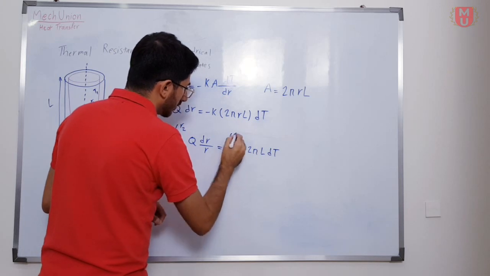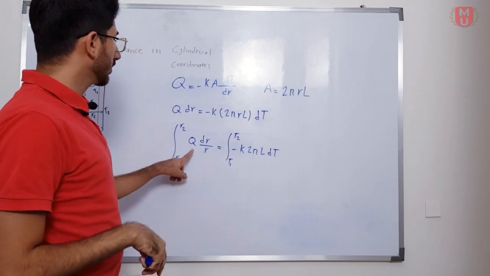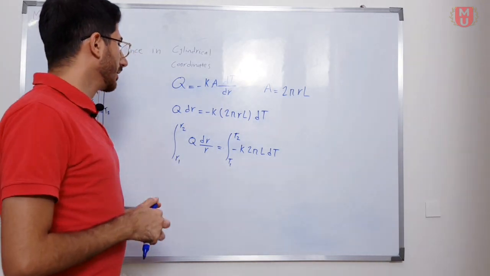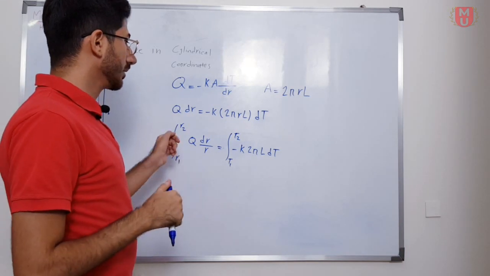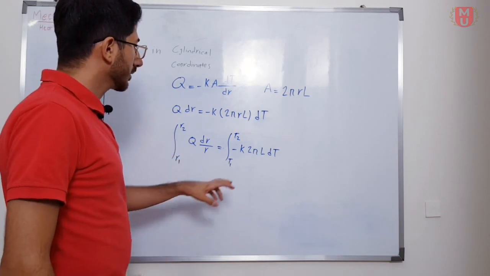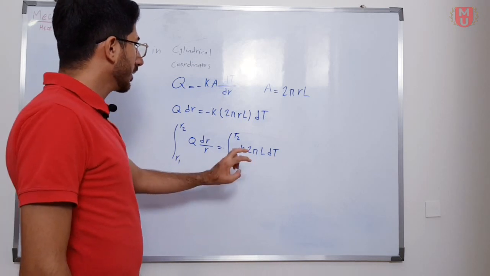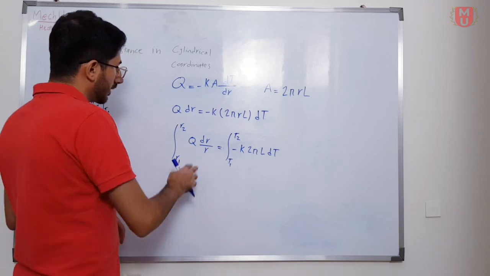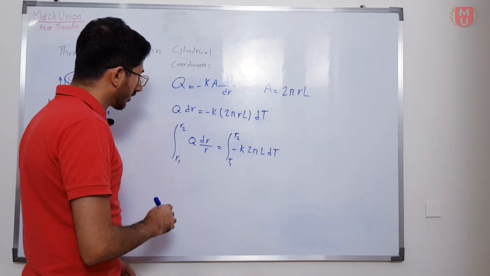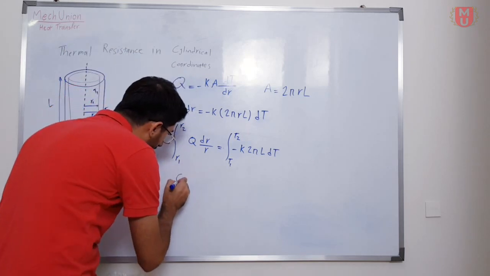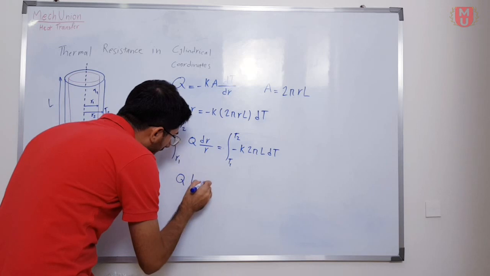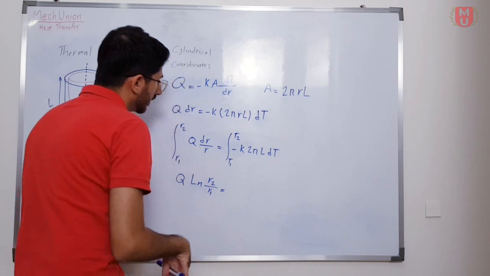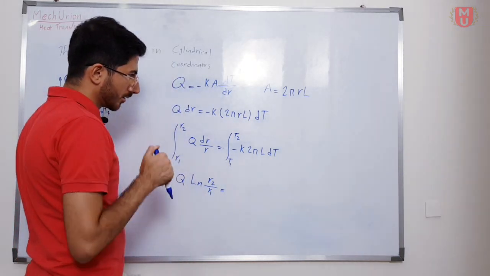Again, Q is a constant because we don't have heat generation or consumption, and it's a steady state condition. And k is a constant. L and pi constants come out of the integral. It becomes a natural logarithm if we integrate. So we have Q ln of r2 over r1. It's a definite integral.